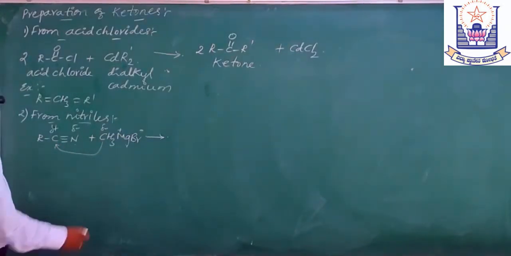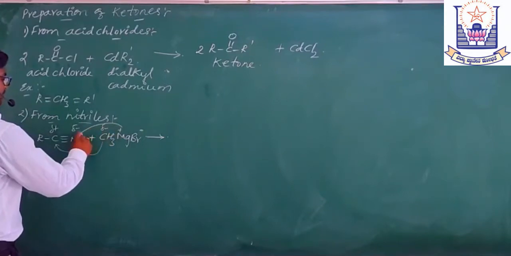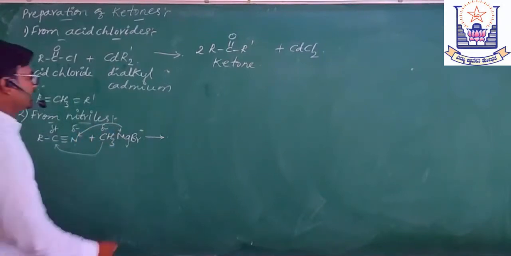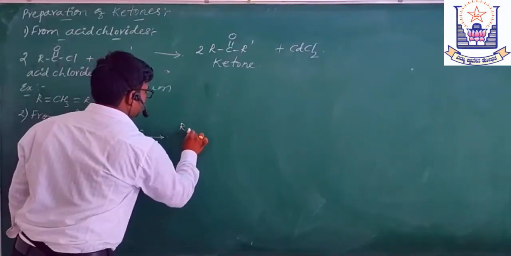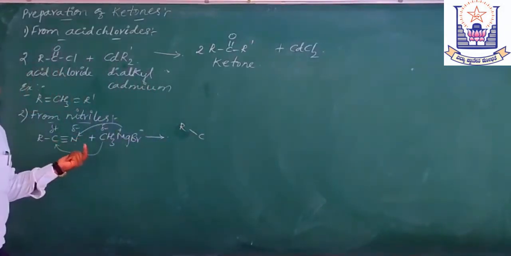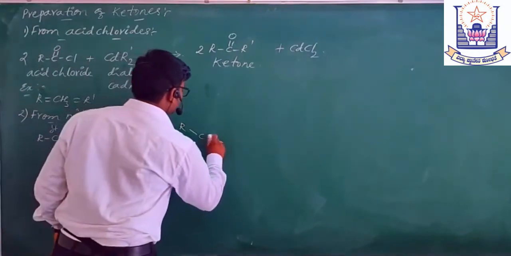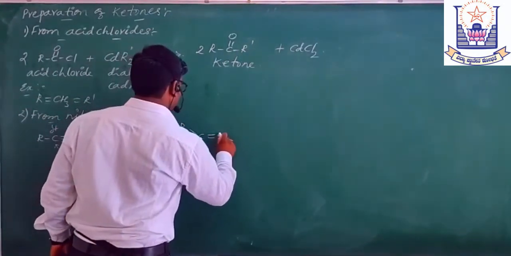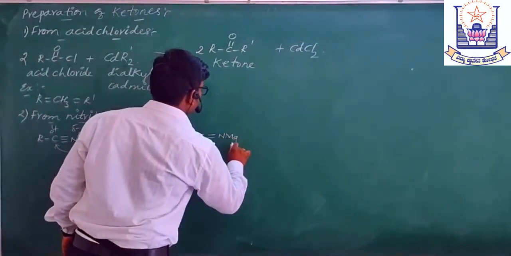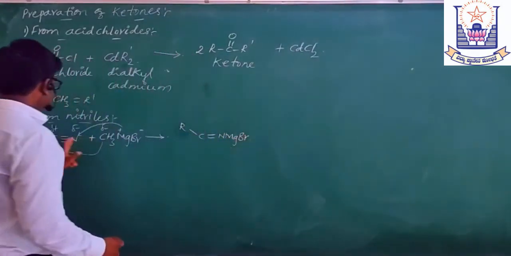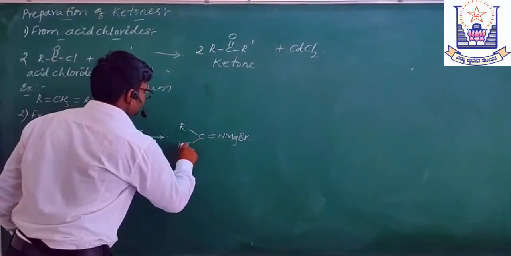This positive part will be attached to the nitrogen, so you will get R. During addition reaction, the triple bond will be converted into the double bond. C double bond N, and this will become NMgBr, and this is going to attack, so therefore this is CH3.